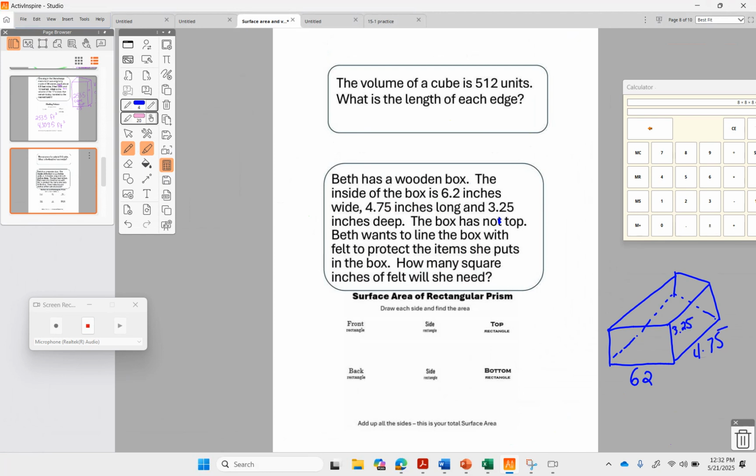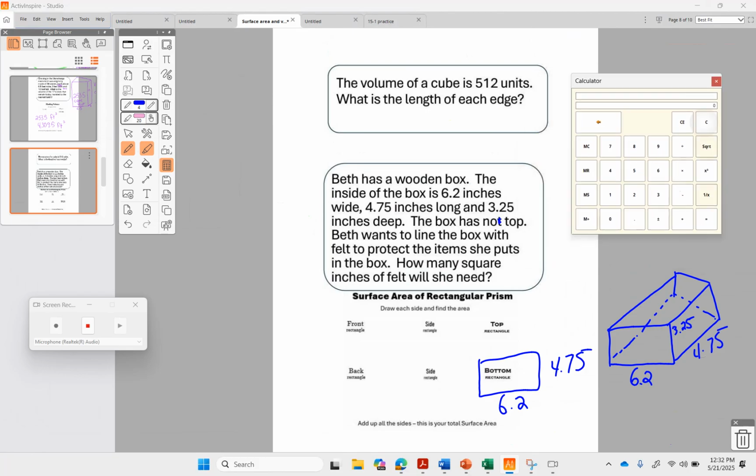Okay, so while it has a bottom of 6.2 times 4.75, it has no top. It's open. Okay, so that's 29.45. Don't do a top. It doesn't have one.